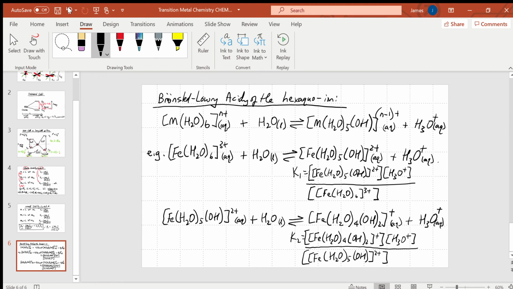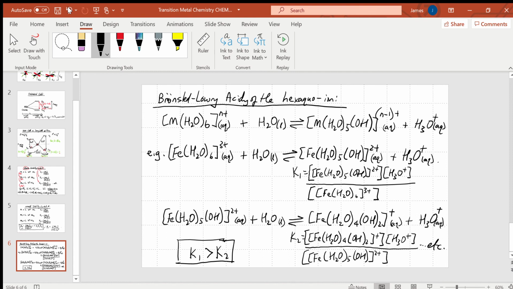And we know that K1 would be greater than K2. This could go on to K3, etc.